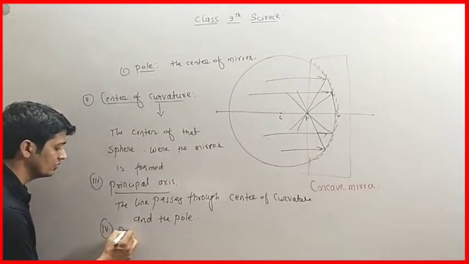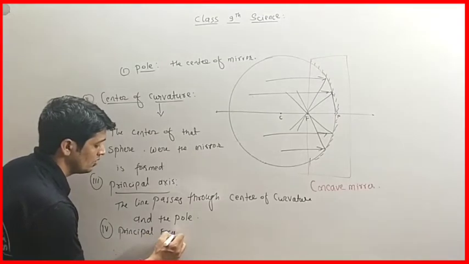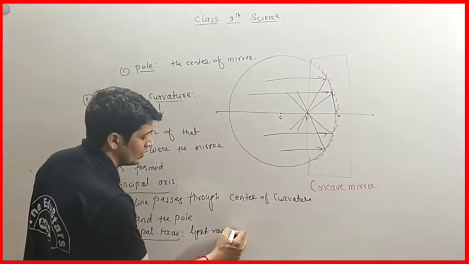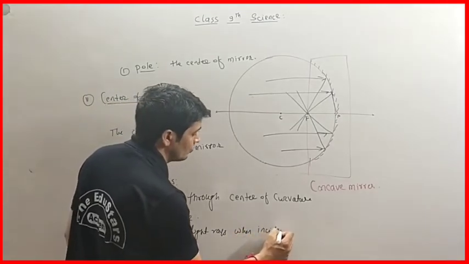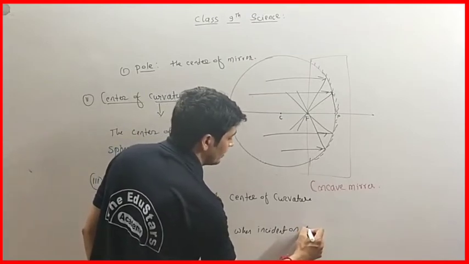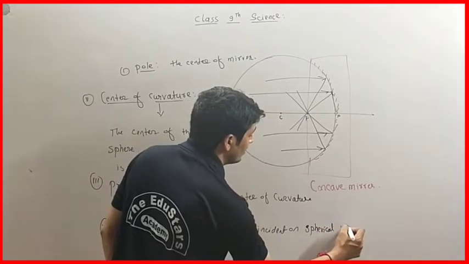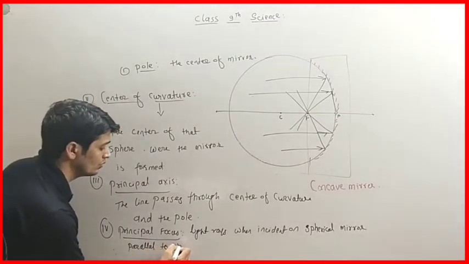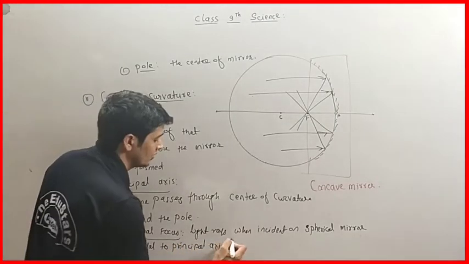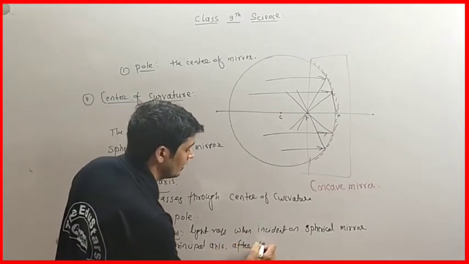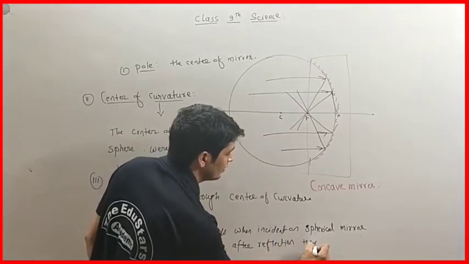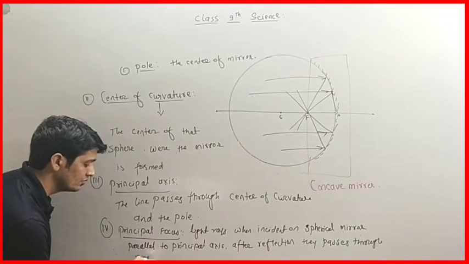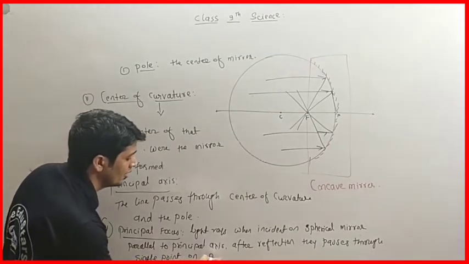So what is principal focus? Light rays, when incident on a spherical mirror parallel to the principal axis, after reflection pass through a single point on the principal axis.